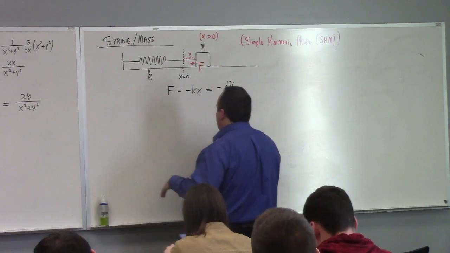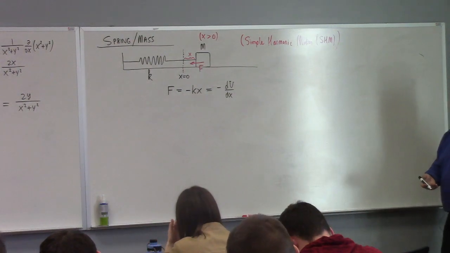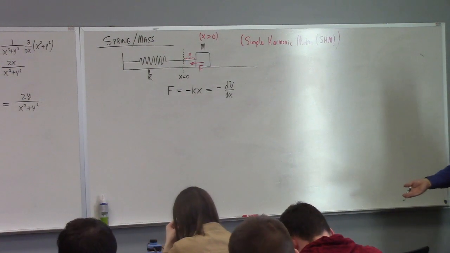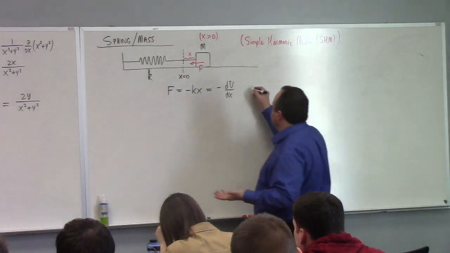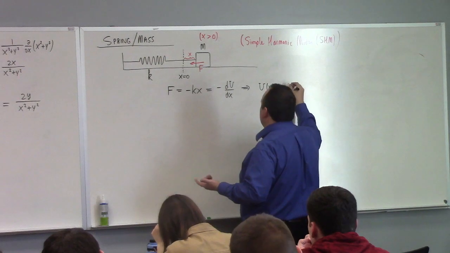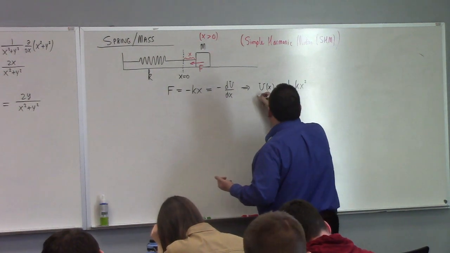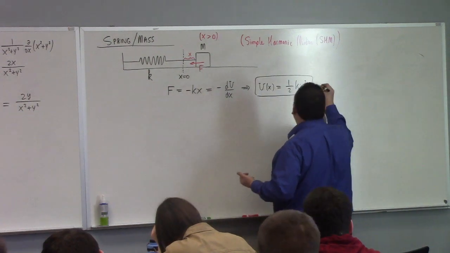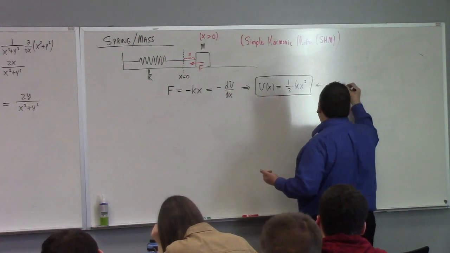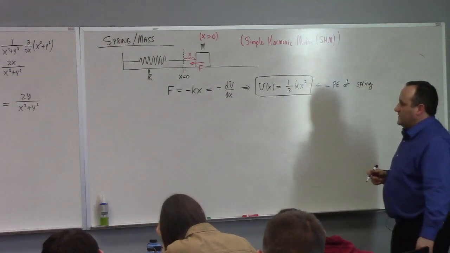No need for any fancy partial derivatives here, just a single ordinary derivative. Then we integrate both sides, and that tells me U of x is equal to 1/2 kx squared. That's the standard formulation for the potential energy of a spring.